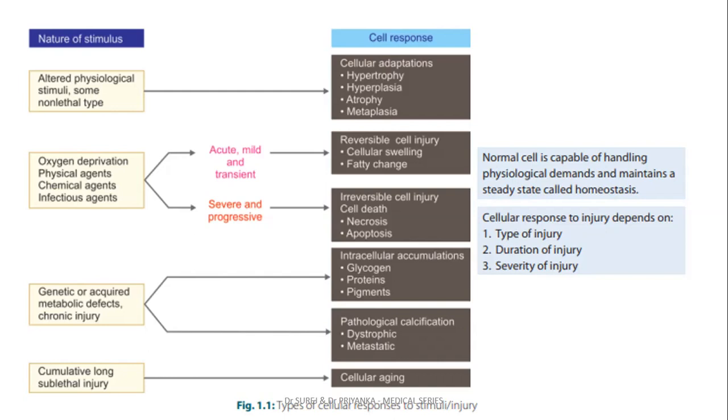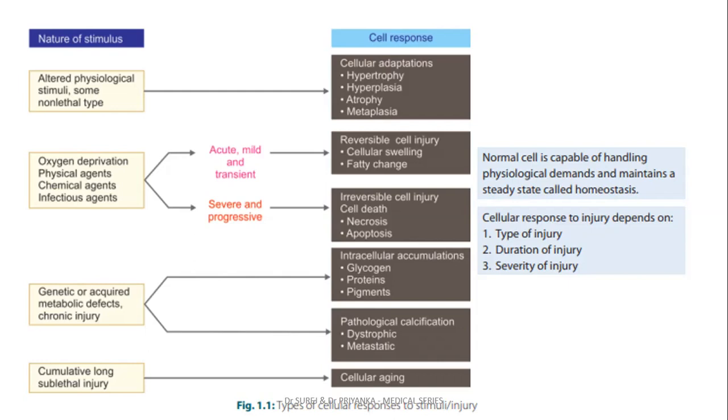Okay, then the next nature of stimulus is oxygen deprivation, physical agents, chemical agents, infectious agents. If any one of these is the stimulus for the cell injury, and it is in acute, mild and transient form, then reversible cell injury will occur.